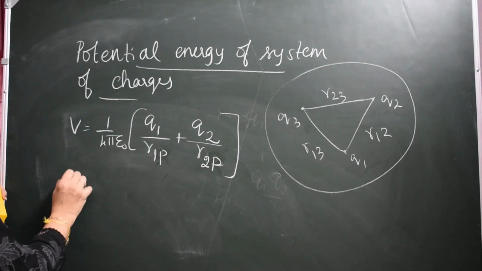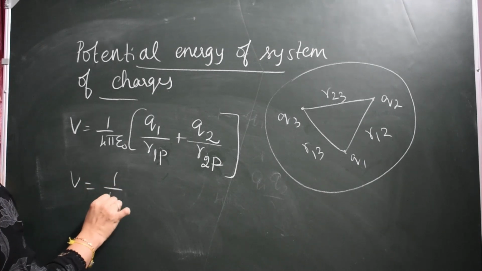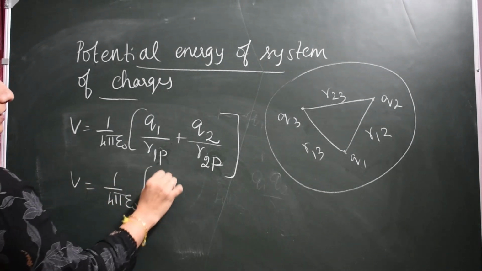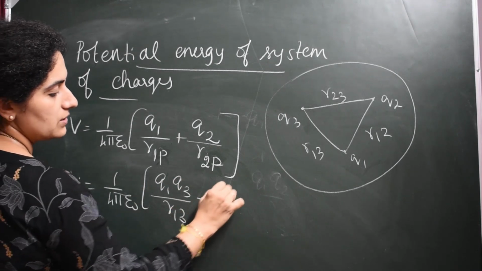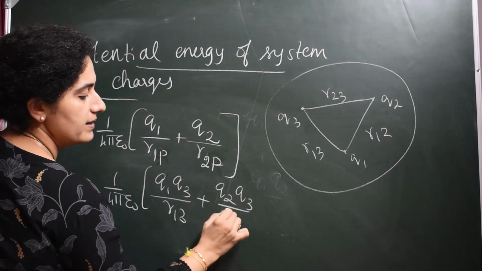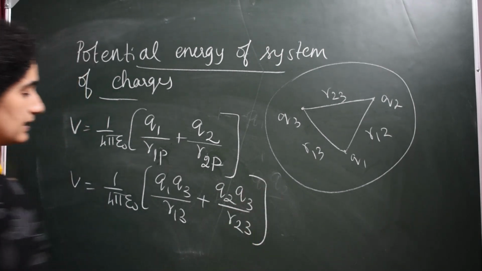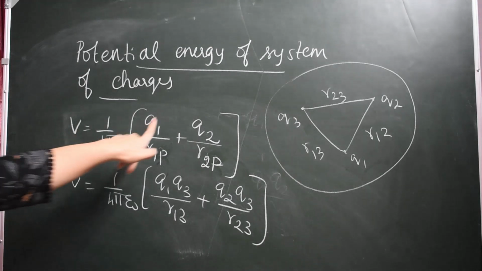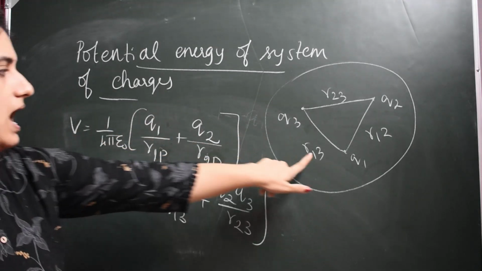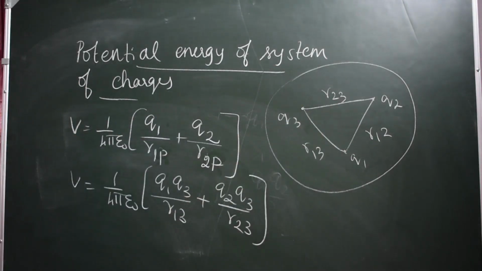Now bring Q3. So V will be equal to 1 by 4 pi epsilon naught Q1 Q3 divided by R13 plus Q2 Q3 divided by R23. This is the total potential. So Q3 will be here, with R13 and R23.